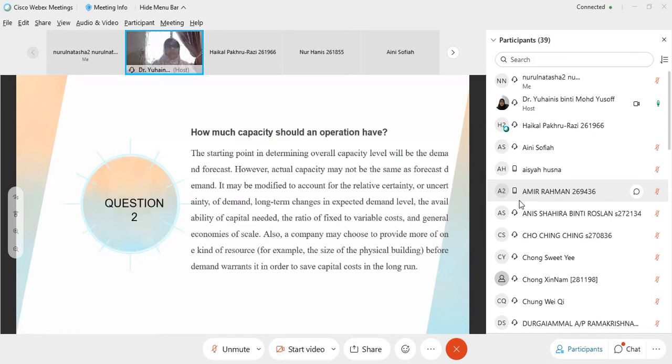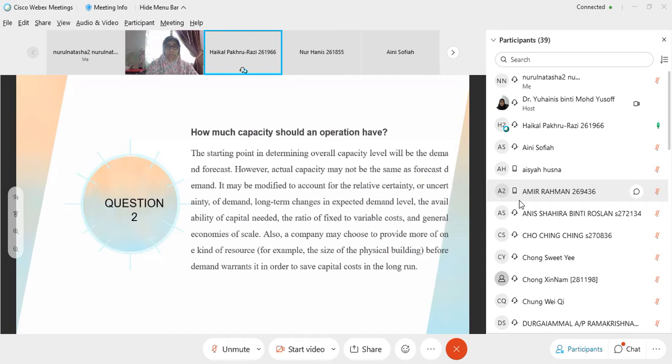Next, today I will present this question: how much capacity should an operation have? The starting point in determining overall capacity level will be the demand forecast.